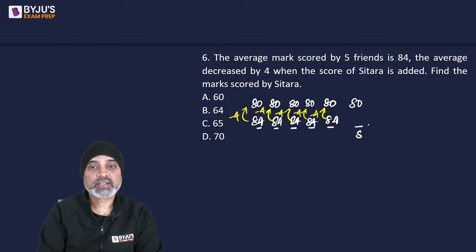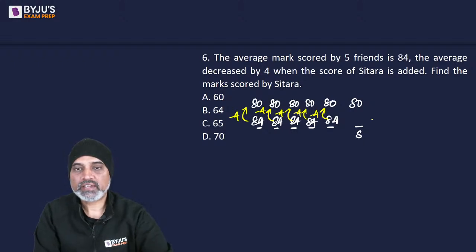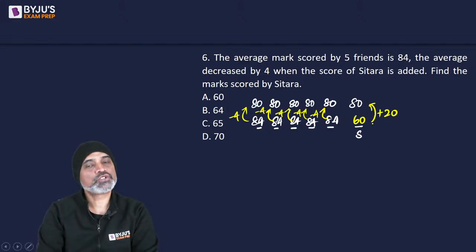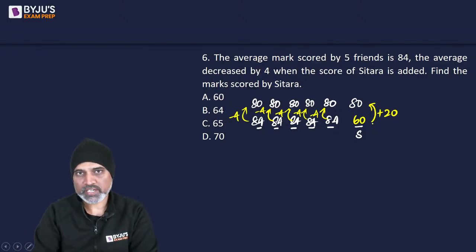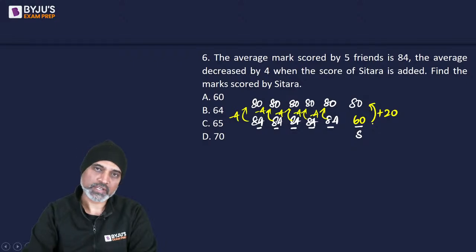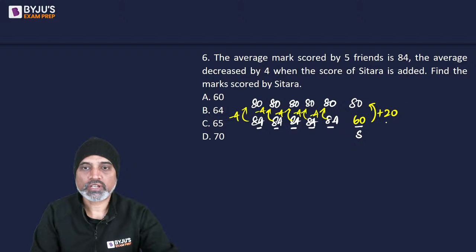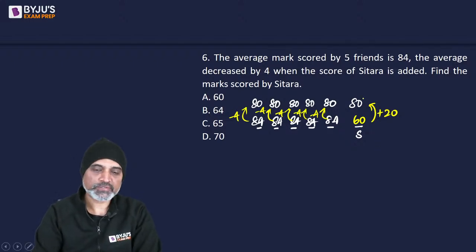That means that extra 20 should be given to Sitara. So how much should Sitara have? Sitara should have had 60, right? Same, the sum of the deviations should be 0, or the negative deviation should nullify the positive deviation. Sorry, it's 20, not 24. So this is one way.